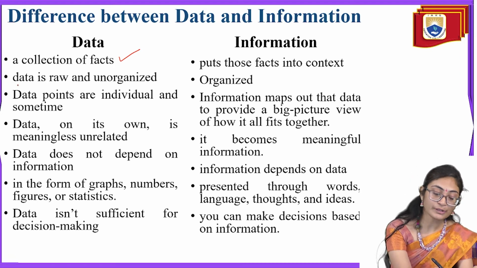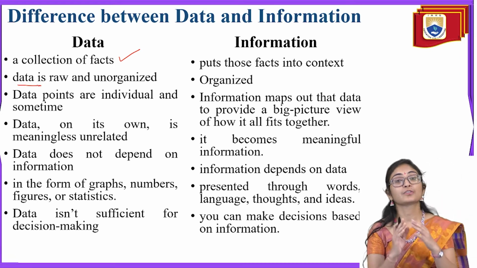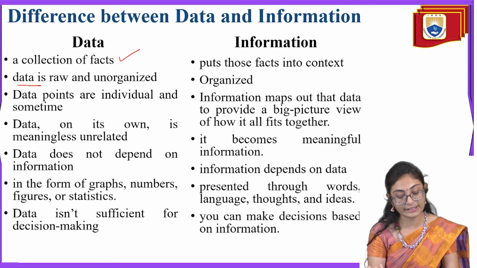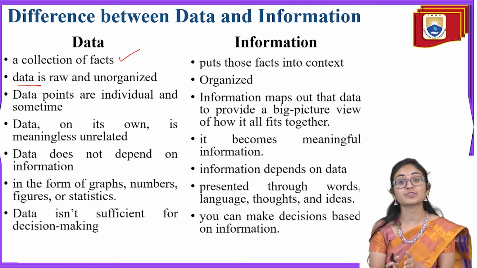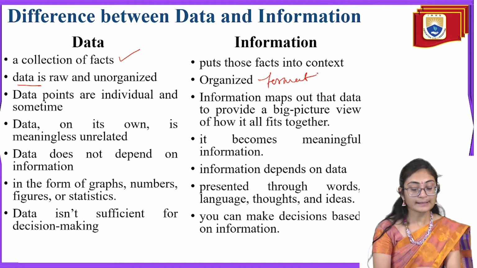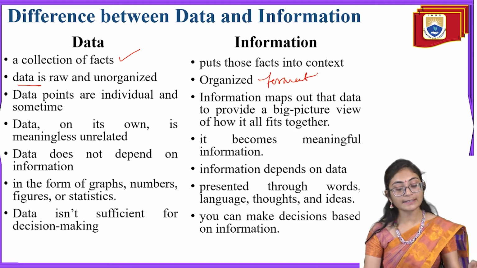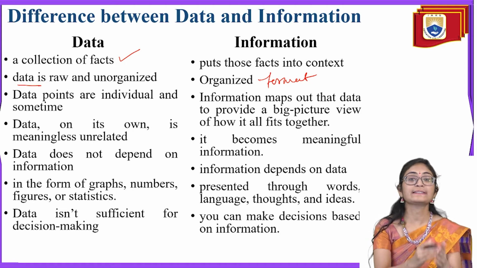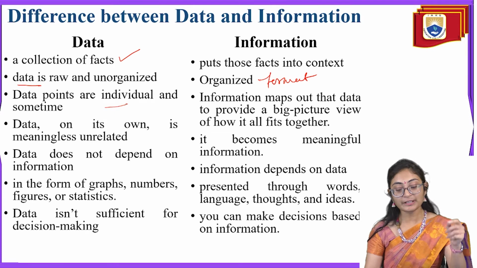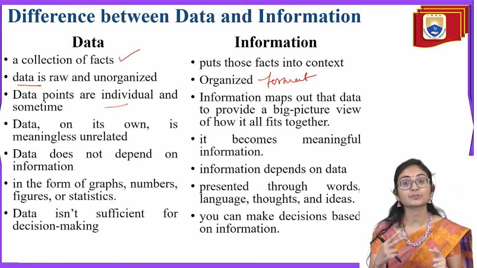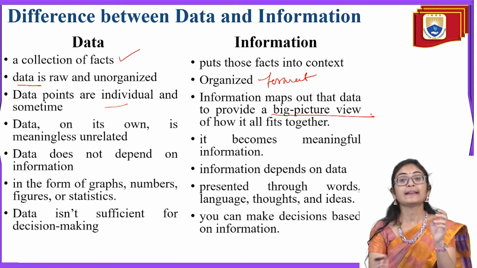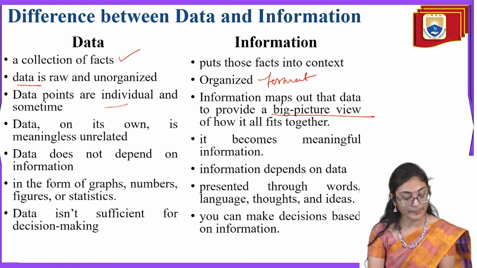Now, we can say data is raw and it is in an unorganized format, but information is in an organized format. Then data points are always individual, but information maps out those points to provide a big picture view of how it fits together.